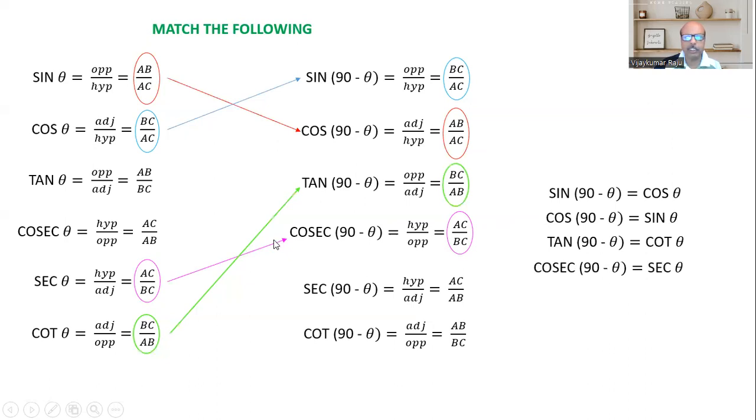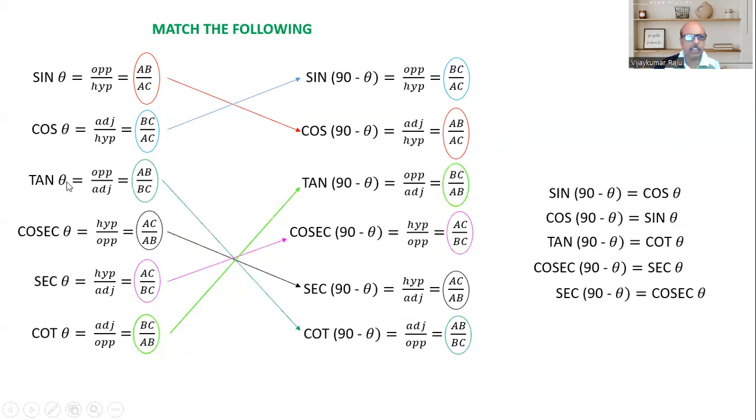Cosec 90 minus theta is sec theta. Next, sec 90 minus theta is cosec theta. This is the pair. And the last one, cot 90 minus theta is tan theta.